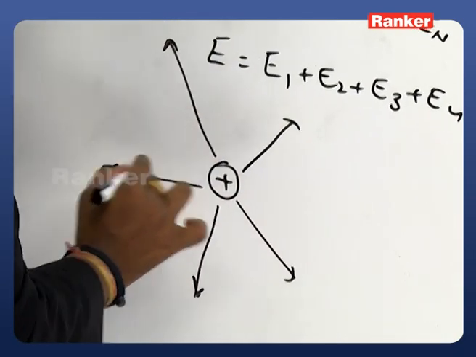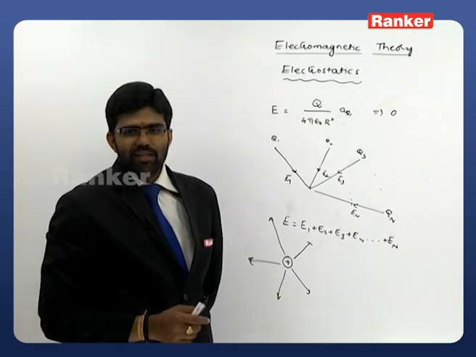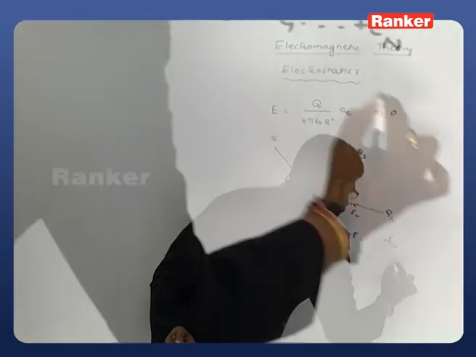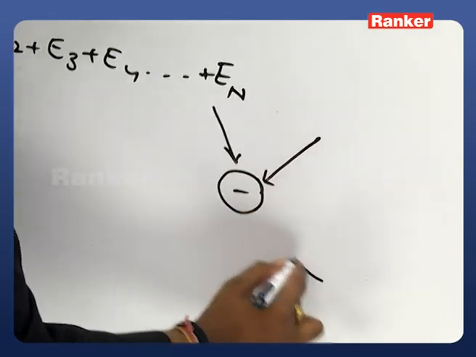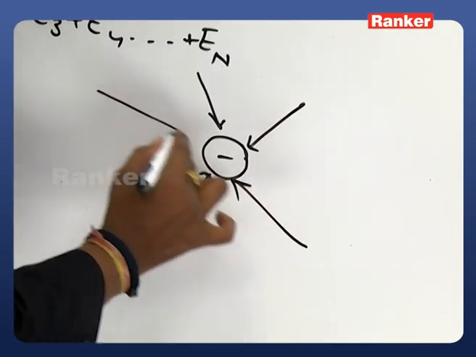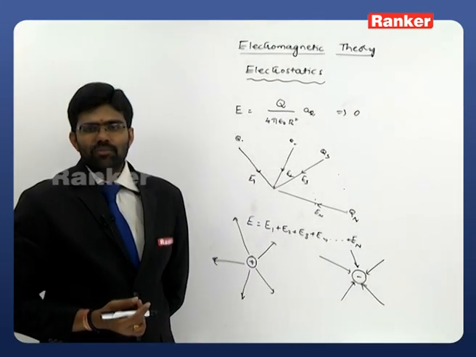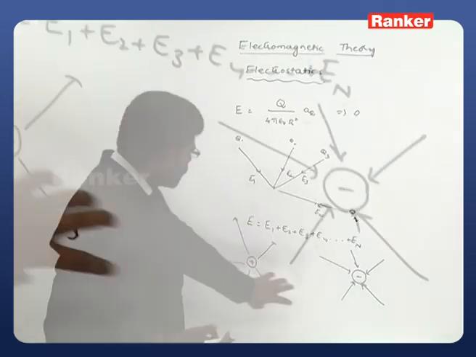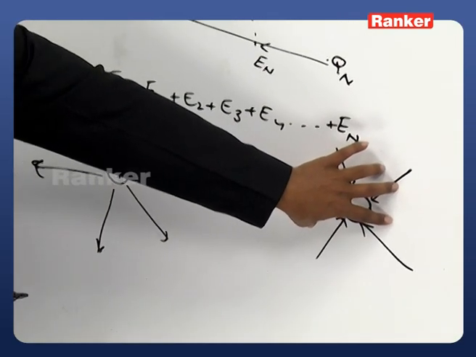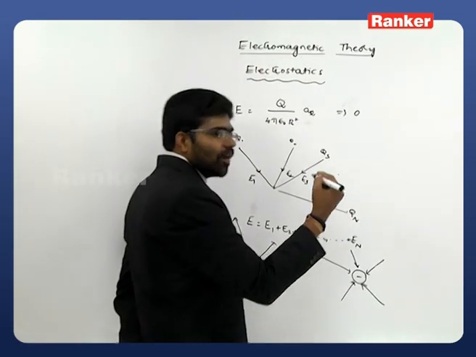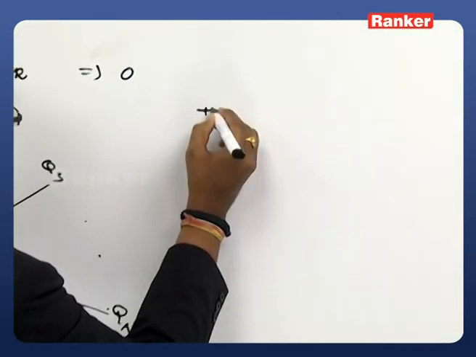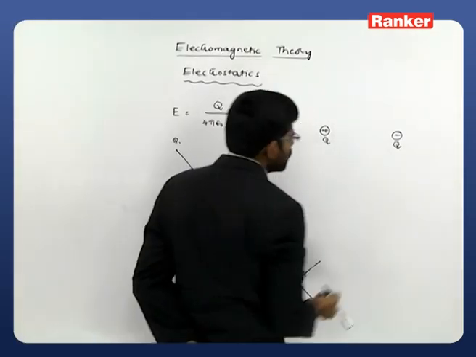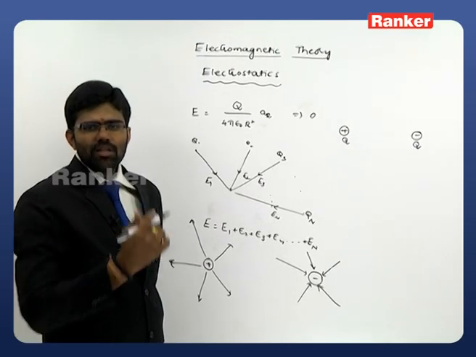That we can say a positive charge is a source of electric field, it is a source. And whenever there is a negative charge, then the electric field intensity is radially towards the charge. That is what we can say, it is a sink of the electric field. So the electric field will be generated at the positive charge and will end at the negative charge. Now in some case, if you have the same amount of positive and negative charges, let us take this is plus Q and this is minus Q. The charges are the same but opposite in polarity.